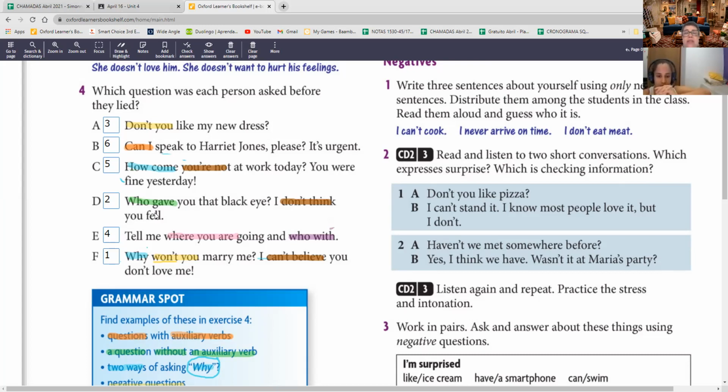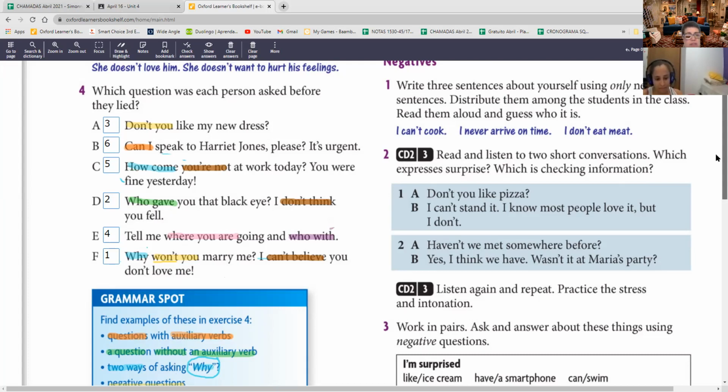So who is the subject of the sentence? Robert, okay? So here, the question pronoun is playing the part of a subject. So when that happens, we don't use auxiliary verbs, okay? Let me see if we have any other green. No, there is no other green. So the only question without an auxiliary verb is question letter D, okay?